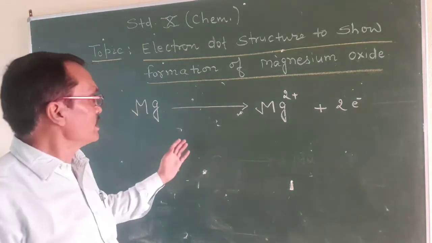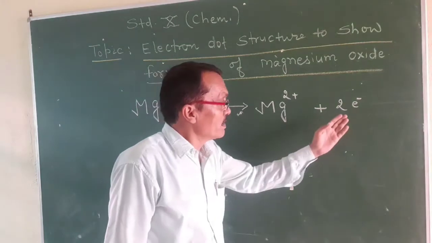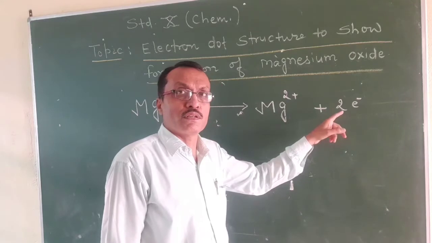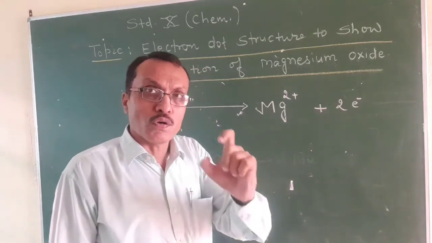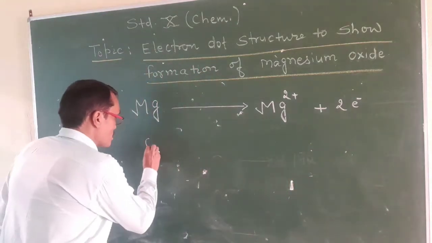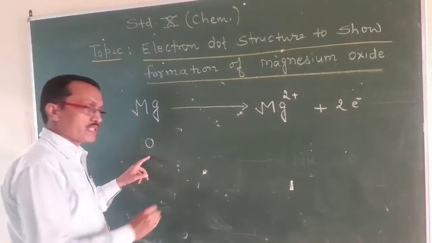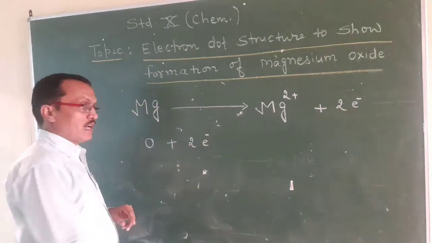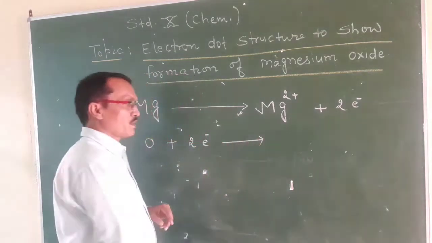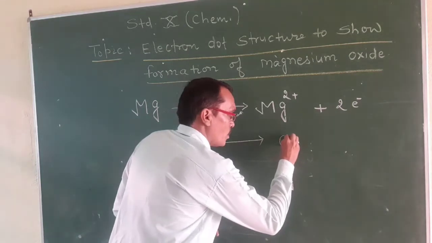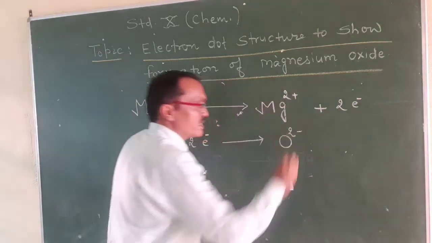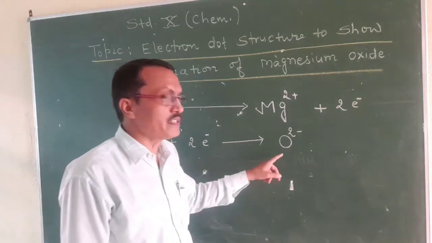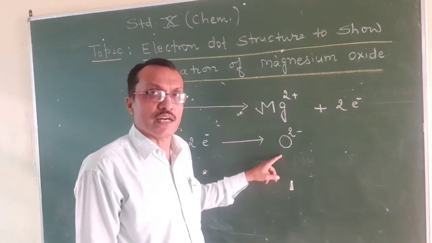Now you are looking here, magnesium is losing its two electrons. These two electrons will be gained by the oxygen atom. So you can show here the symbol of oxygen, O plus 2e, and it will gain these two electrons and form the oxide ion, which is written as O2-, and this is read as oxide ion.